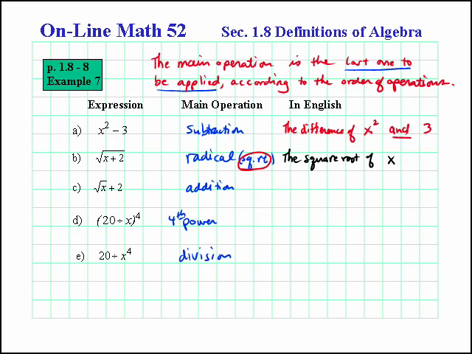Square root of x plus 2. That's what we're taking. It's the square root of what? X plus 2. And this next one here will be, since it's addition, that means the sum of square root of x and 2.